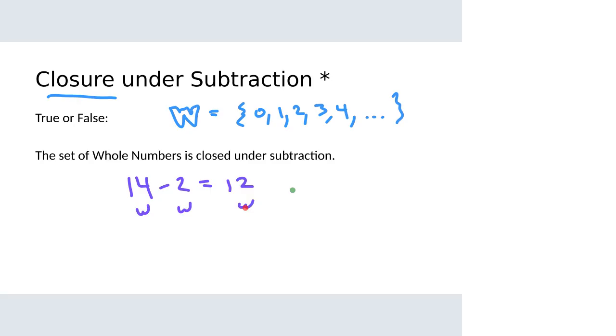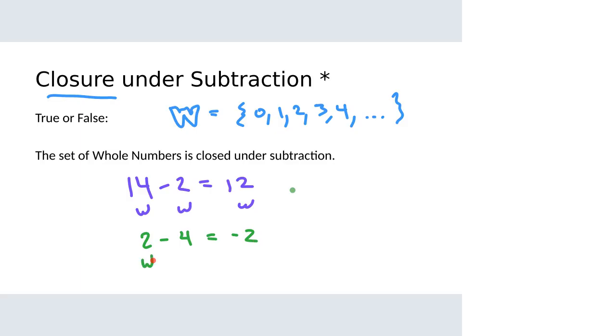But remember, one example that works doesn't make this true. It has to be true all the time, every single time, no exceptions. If I want to show it false, I just need to look for something that doesn't work. The way I'm going to get something that doesn't work here could take a little trial and error. But if I do a smaller number minus a bigger number, I'm going to get a negative answer.